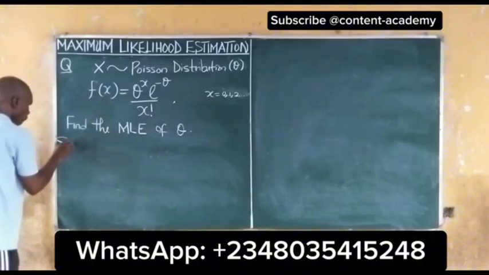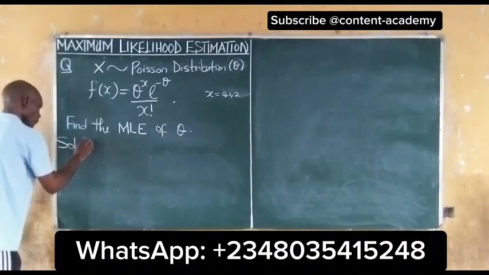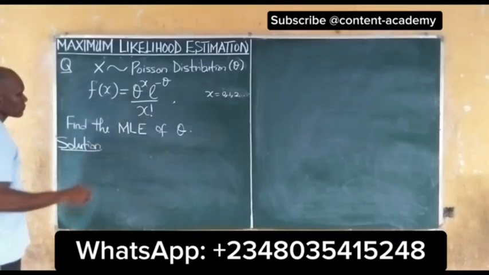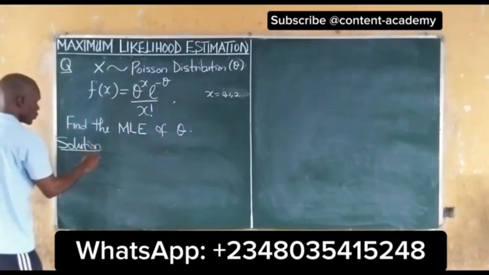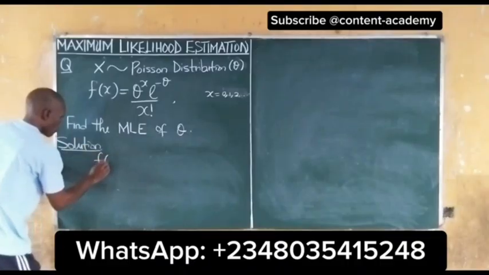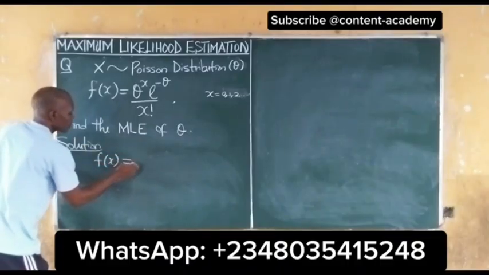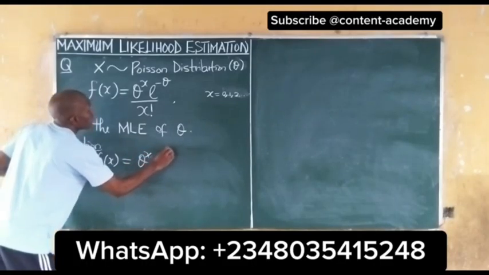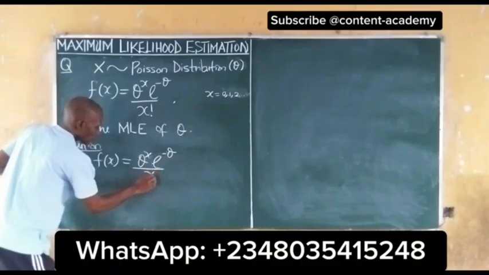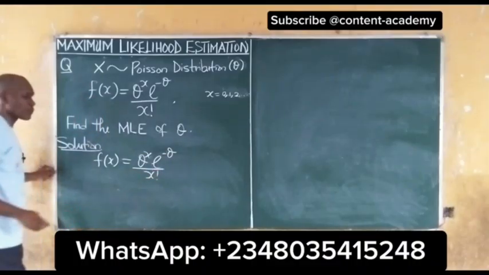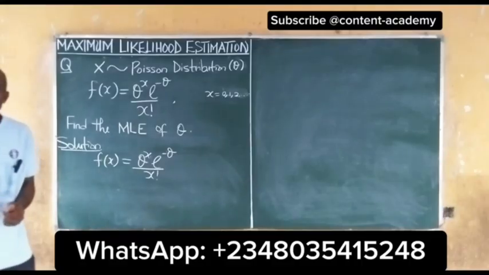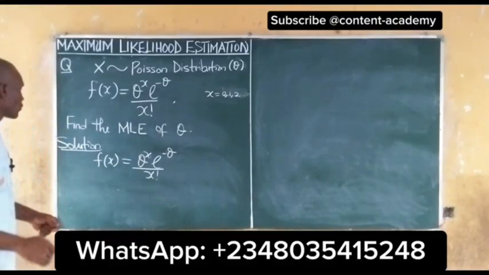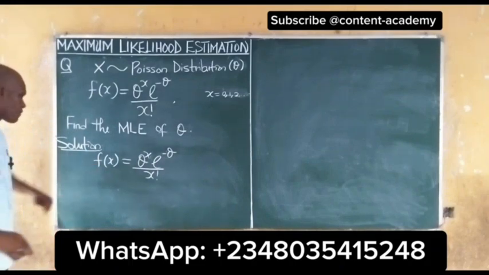Solution. Now, we are given this as our Poisson distribution, it's very simple. The first thing to do for the maximum likelihood estimation is to take the likelihood function of the given PDF.